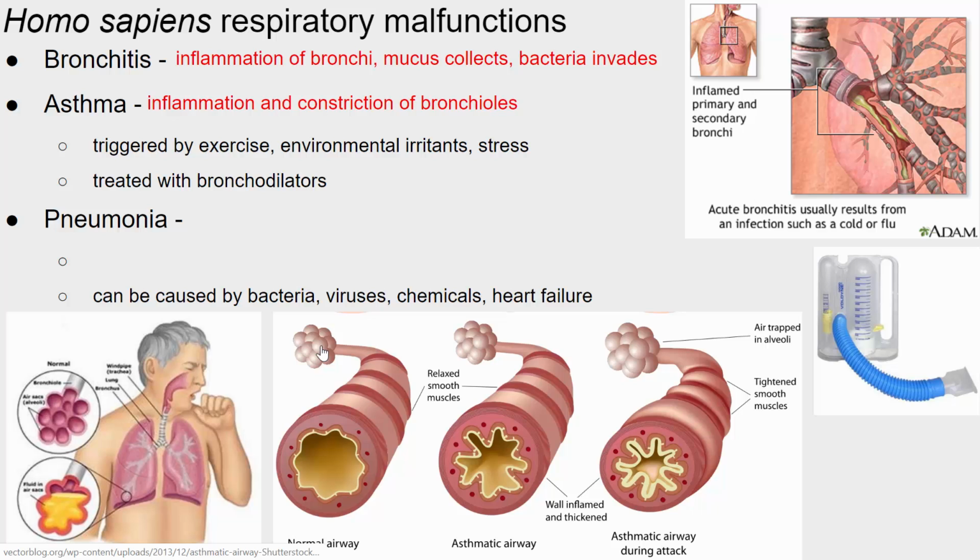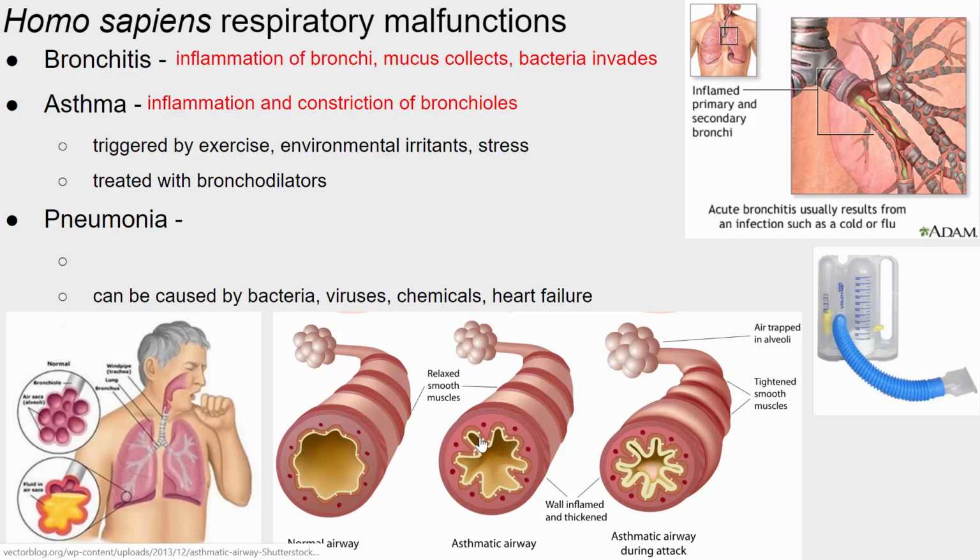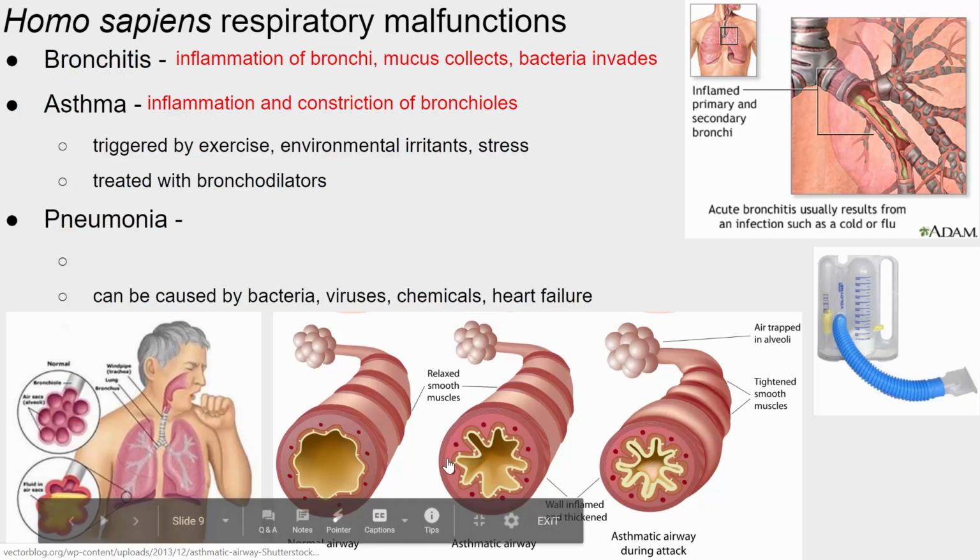When a person has asthma, they have a constriction of those airways, so the passageway into those alveoli is inflamed somewhat and thickened. And so it's more difficult for oxygen to get in, for air to get into those alveoli, and it's more difficult to breathe.